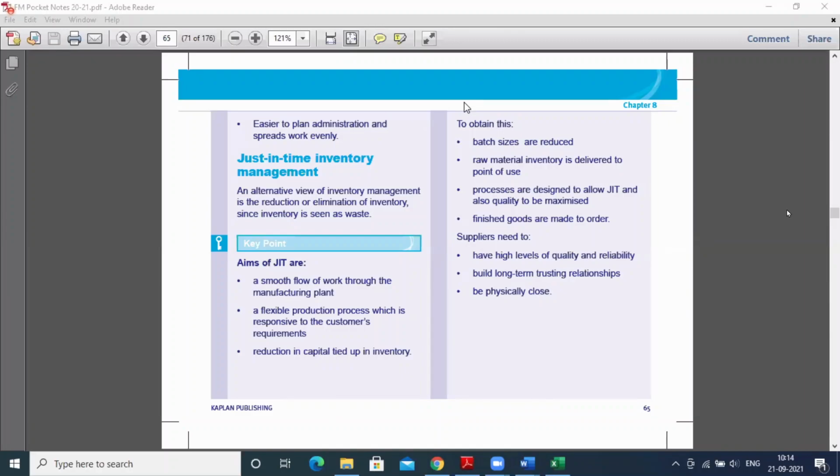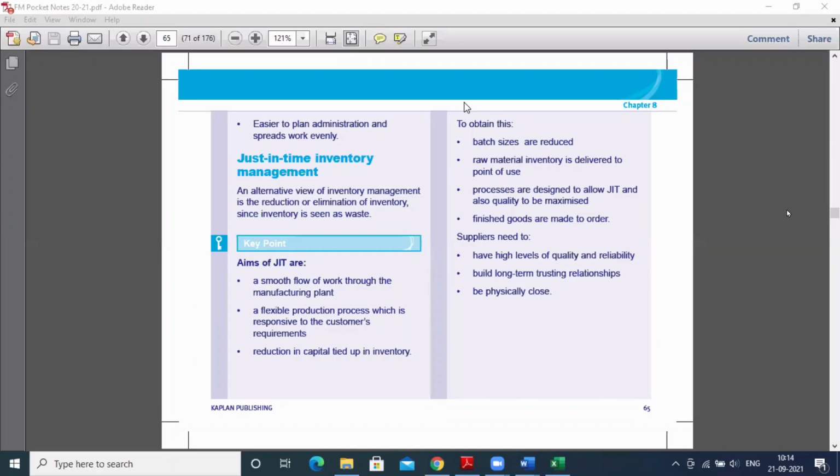Then processes are designed to allow just in time and also quality to be maximized. So even the production process is also designed in such a way that it goes with the just in time concept. And as per just in time, the finished goods are manufactured on the basis of order. So first the order should be received, then only the finished goods are manufactured.